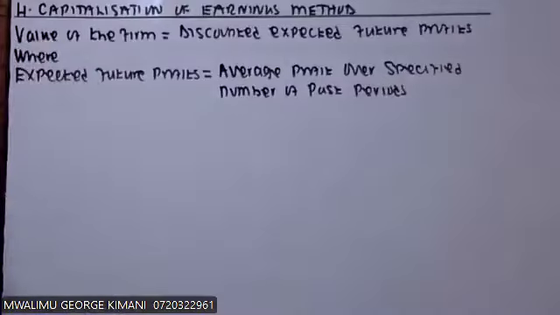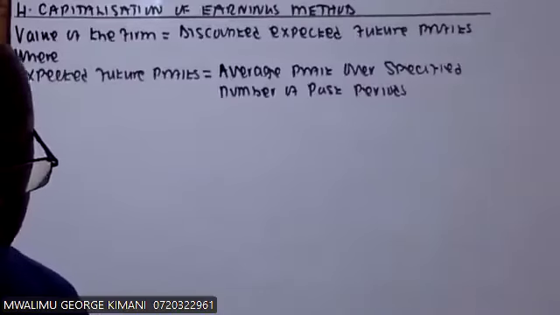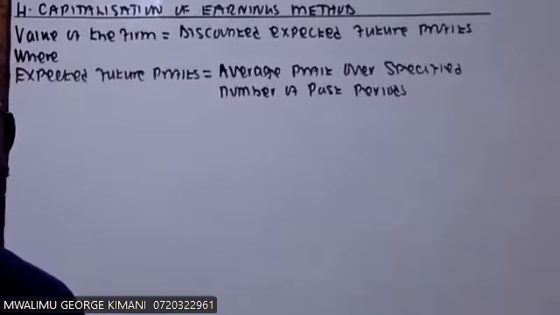So you get the average. Maybe you look for 10 years in the past, you get the average. So that average is the one that we take to be the future. So we assume that the past will repeat into the future.